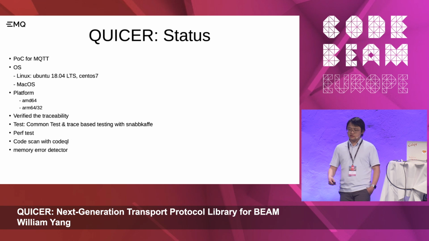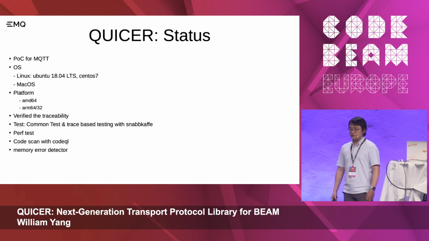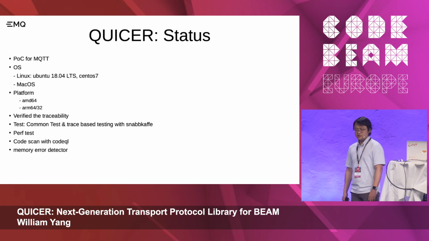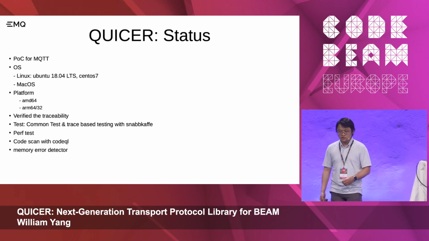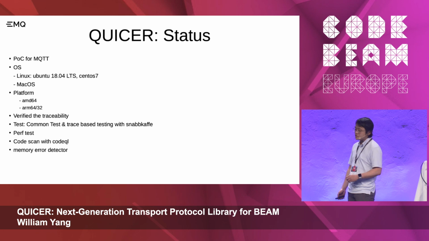For testing, because of the threading and parallelism, we use Snabbkaffe, which is trace-based testing, together with Common Test, so we can carefully check what is going on inside. We did some simple performance tests and didn't find any big surprise. We use CodeQL to scan for security issues and C best practices, and we also use a memory error detector. We learned it from OTP.